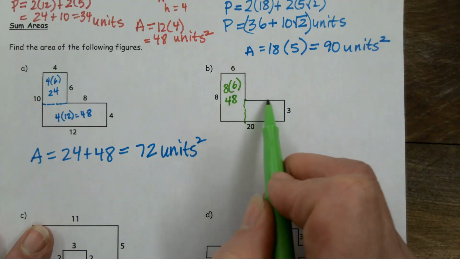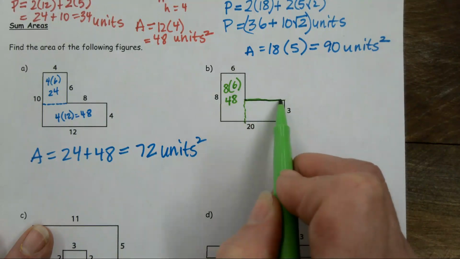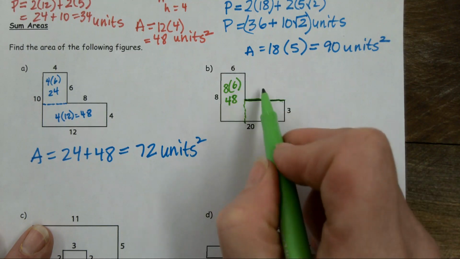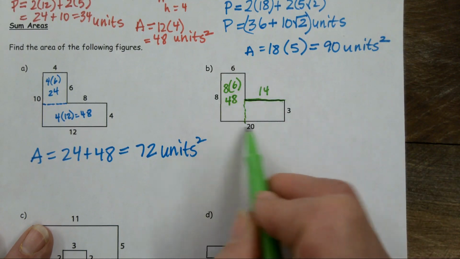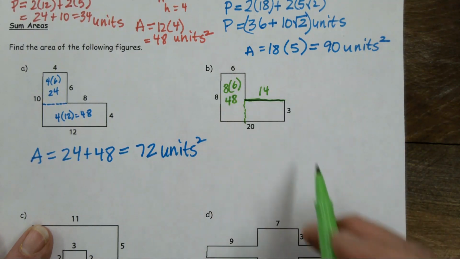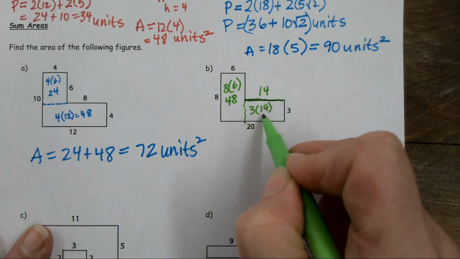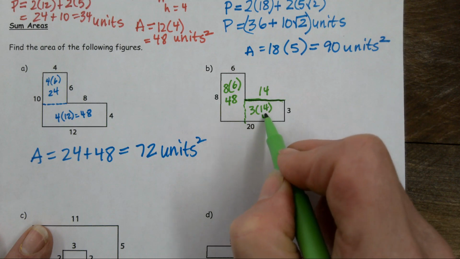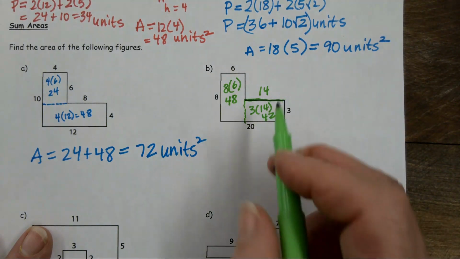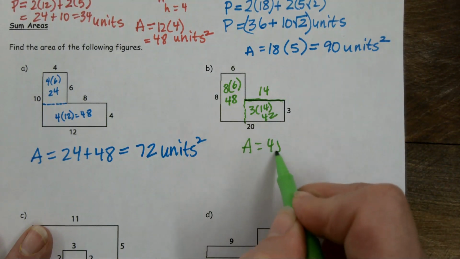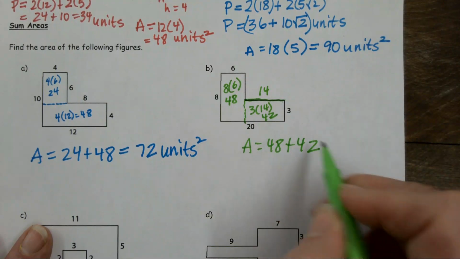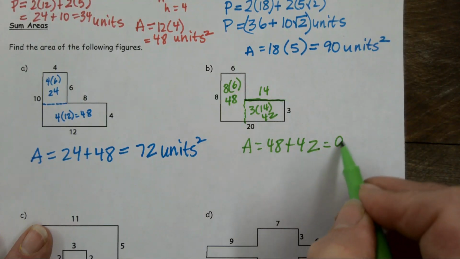What is this top side of this rectangle? 14, because it's 20 full length minus the 6 there. So now I have a 3 by 14, or 3 times 14, what is that, 42? So my area would be 48 plus 42, or 90 units squared.